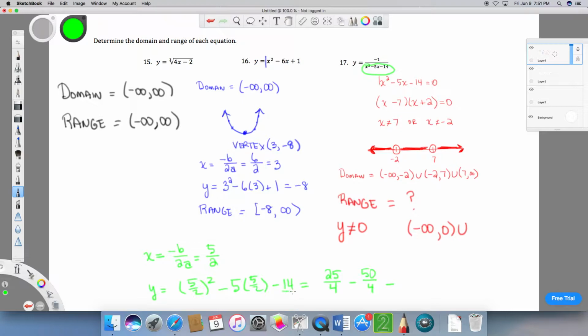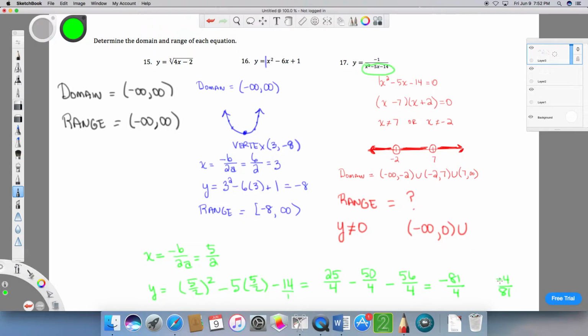And then if I multiply 14 by 4 over 4, I have 56 over 4. And if I add these together, I have -81 over 4. And if I take the reciprocal of that, I have -4 over 81. But remember, there was a negative sign up in that numerator.